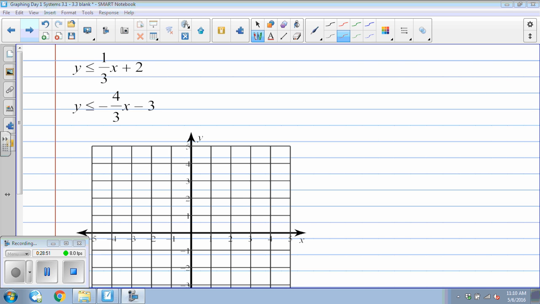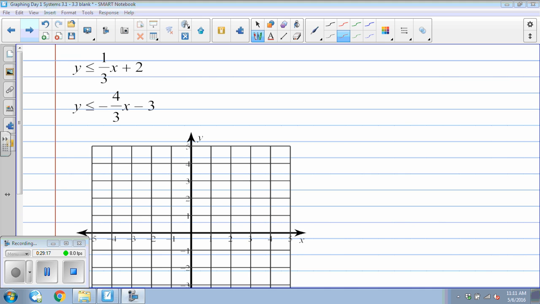So where those two shadings intersect is your solution to a system of inequalities. Your calculator can also do this for you. They're all linear inequalities, so you can do these on your calculator for the most part.